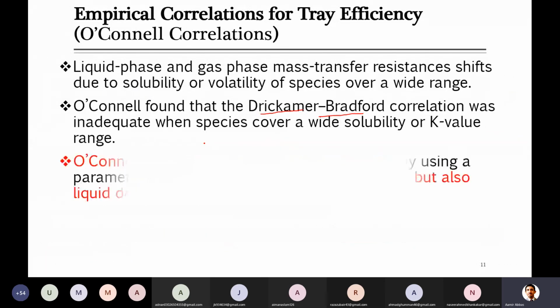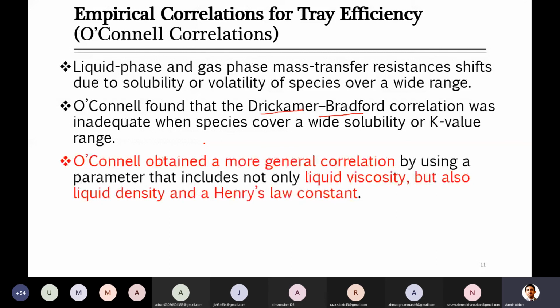So he started thinking about modifying the equation so that it can be used on large, wide-scale data as well as for more components.